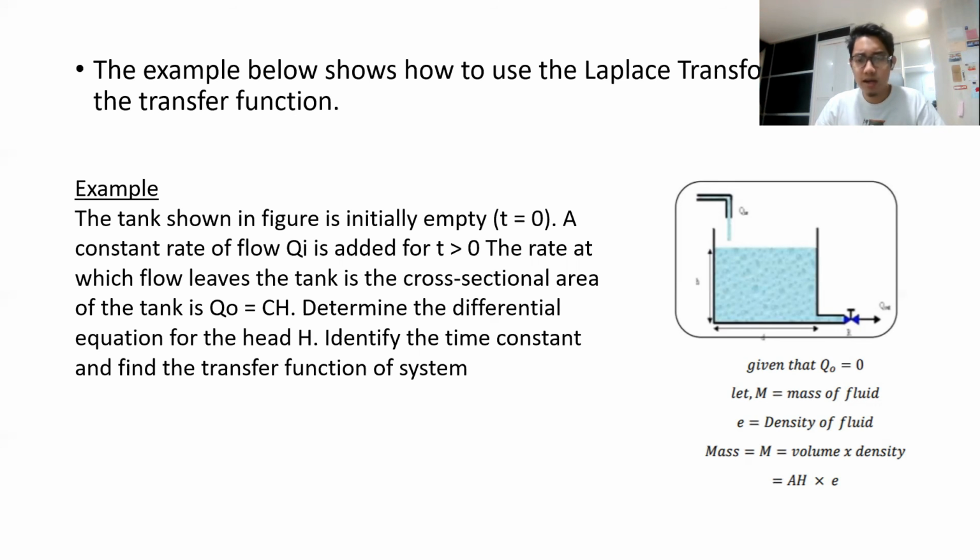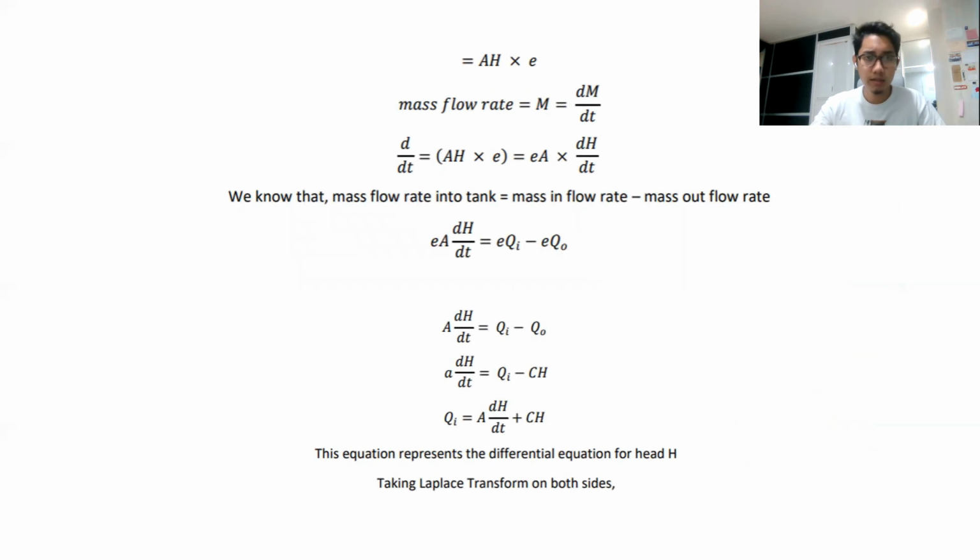So on the right side of the slide, we have the figure below. Here, given that M equals the mass of fluid, rho equals the density of the fluid, and mass equals volume times density, which is our basic formula, it is also equal to A h times rho. So let's do the math.